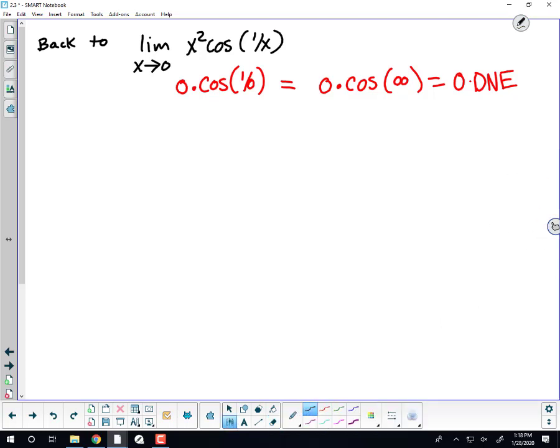So what we're going to start with is the fact that we know that cosine of anything, if I take the cosine of any argument, what do I know about that cosine by itself?